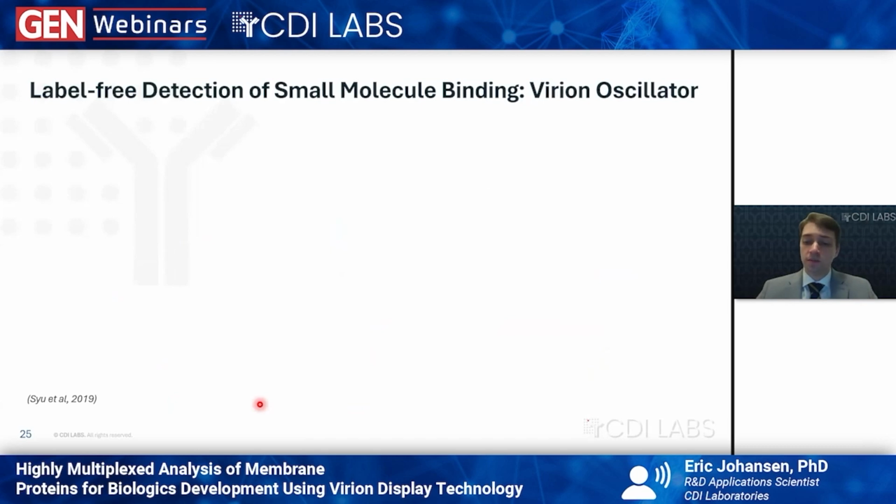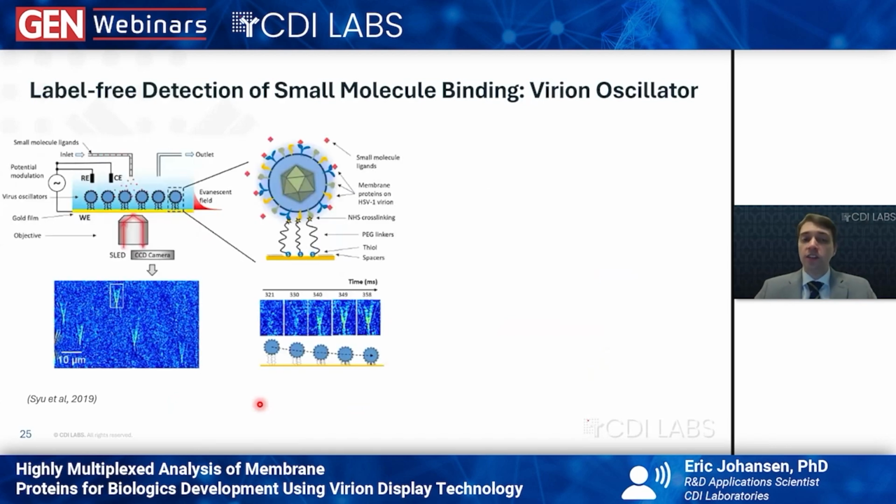small molecules. The way this technology works is that we can take the purified virions and use PEG linkers to attach them to a gold slide. In doing so, we are able to measure the change in surface charge of the virion when we add a given analyte, in this case, small molecule.